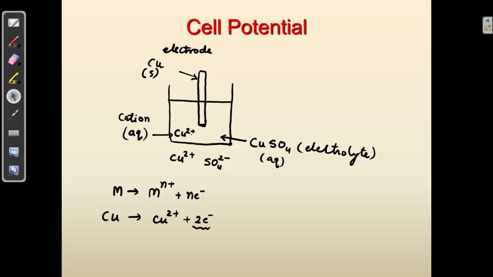Copper ions in the solution will attract those 2 electrons. So they will get electrons and get deposited on the metal surface. So you will say that the copper ions are going out of the electrode, and from the solution copper ions are going back into the electrode.